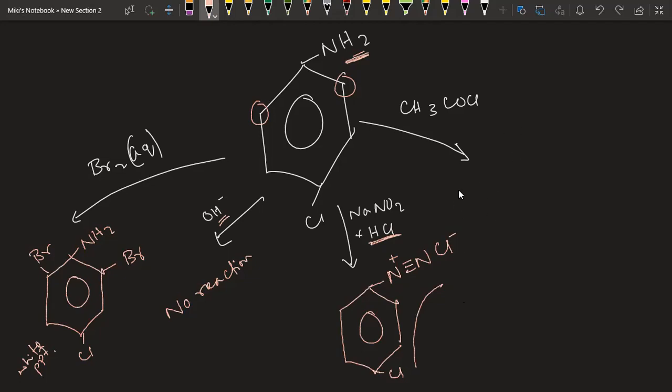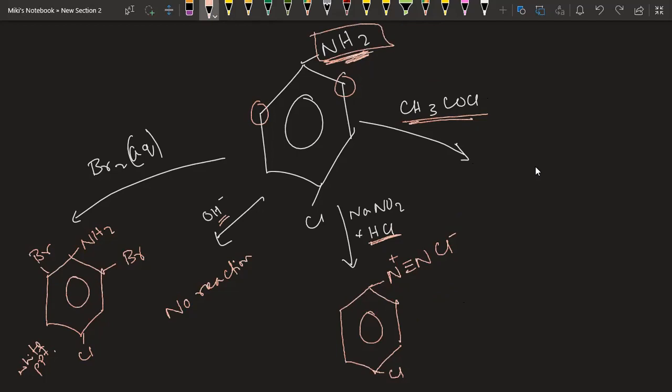Okay, now in the last reaction, we have CH3COCl, that should give us what? This is actually what type of reaction? This is an acyl chloride, isn't it? Acyl chloride is sort of acidic, or acts as an acid. And we have what here? Phenylamine. And we know amine groups react with CH3COCl.